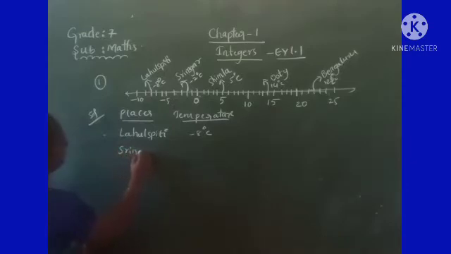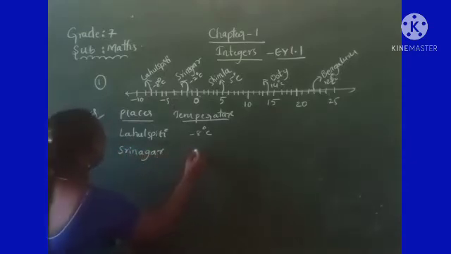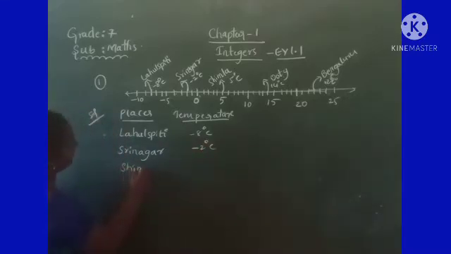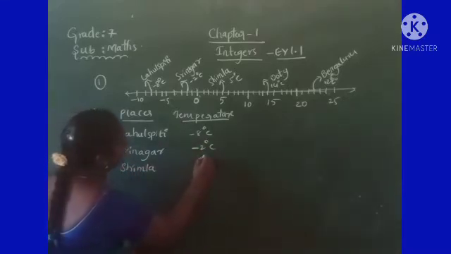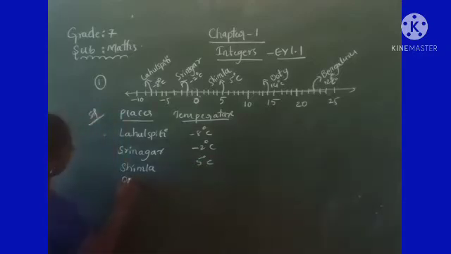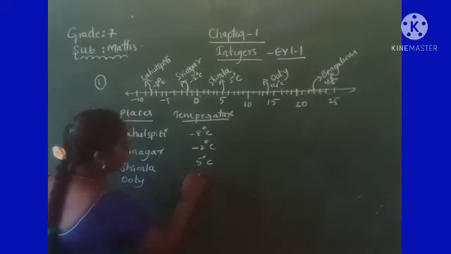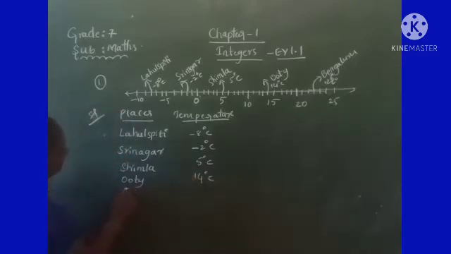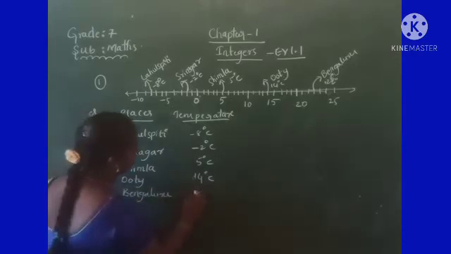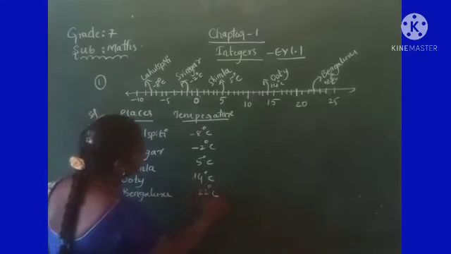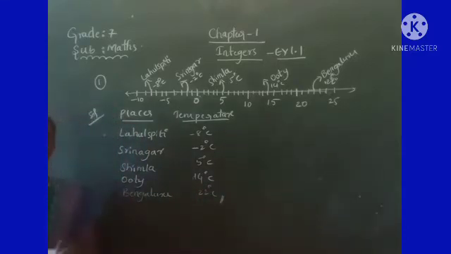And next Srinagar: Srinagar has minus 2 degrees Celsius temperature. And Shimla 5 degrees Celsius. And Ooty plus 14, very good, plus 14 degrees Celsius. Then next Bangalore: the temperature is 22 degrees Celsius.